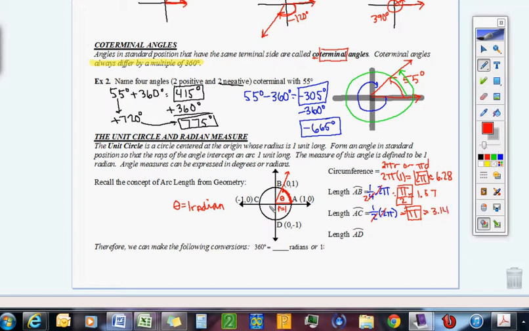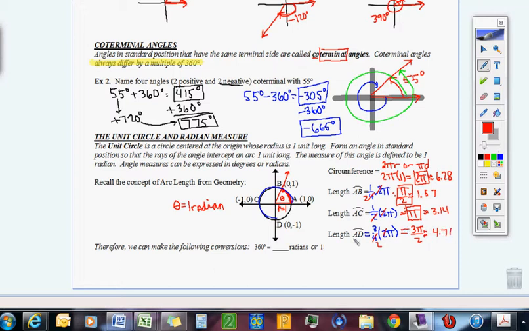And finally, talking about arc length in geometry, if I go from A all the way around here to D, that's 3/4 of my circle. So that's 3/4 of my 2 pi, which I can cross reduce. And I get 3 pi over 2. And that's approximately 4.71.